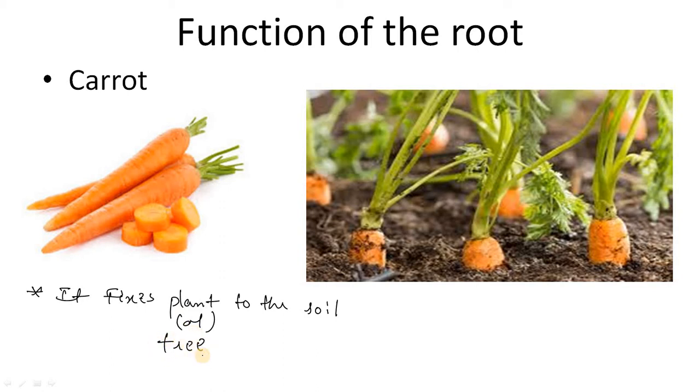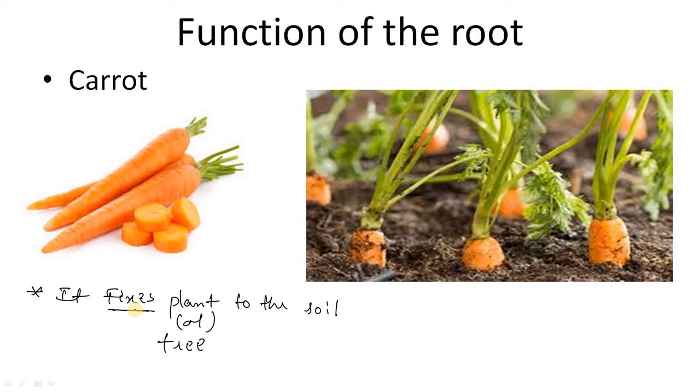See, a very important function of root is that the root helps the plant to stand straight on the soil. So that is what is called fixes. All the roots of a plant or a tree or a shrub or a herb, whatever it may be, the main thing for the root is to make the plant stand straight on the ground. Do you see any plant or tree that is sleeping on the ground? No. Climbers and all things require support, or they come down on the ground, but trees and plants stand straight, right?